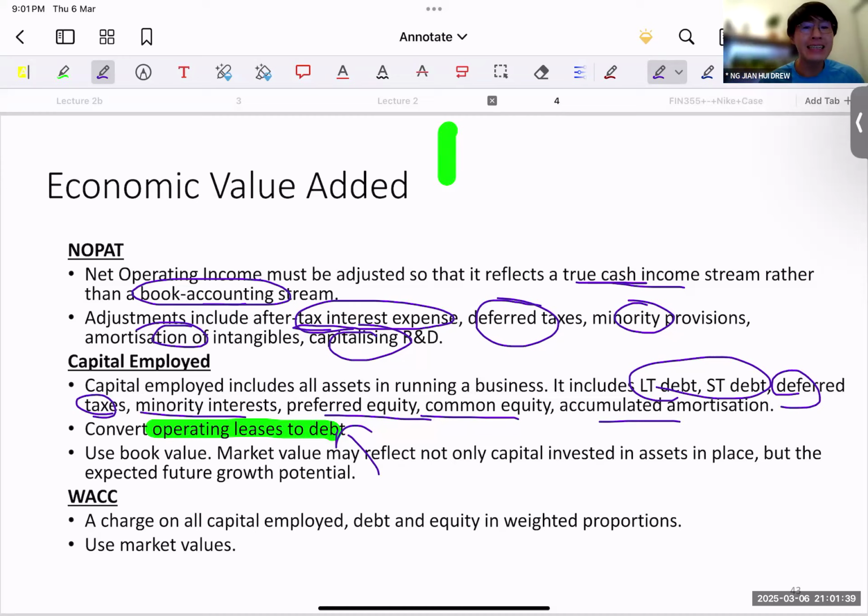So you will not see operating lease expenses. This line item will no longer be in your financial statements for Singapore companies. So in this sense, long story short, you do not need to do the conversion to debt now because it's already done for you.